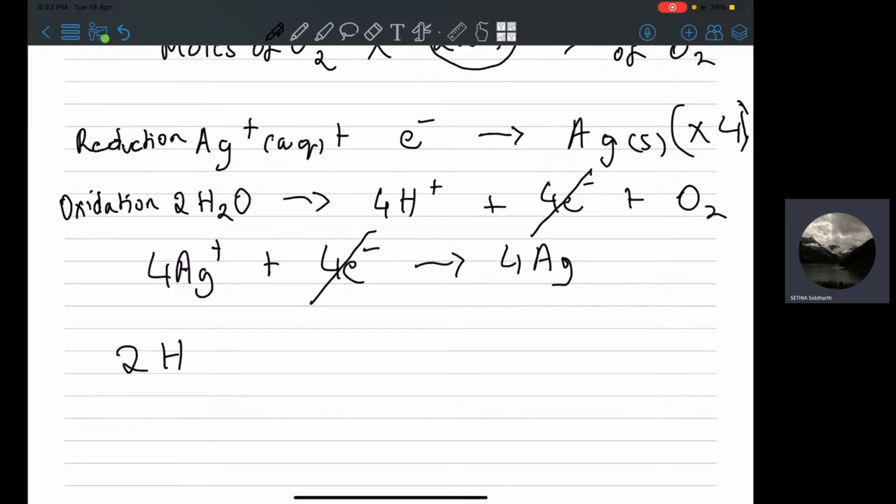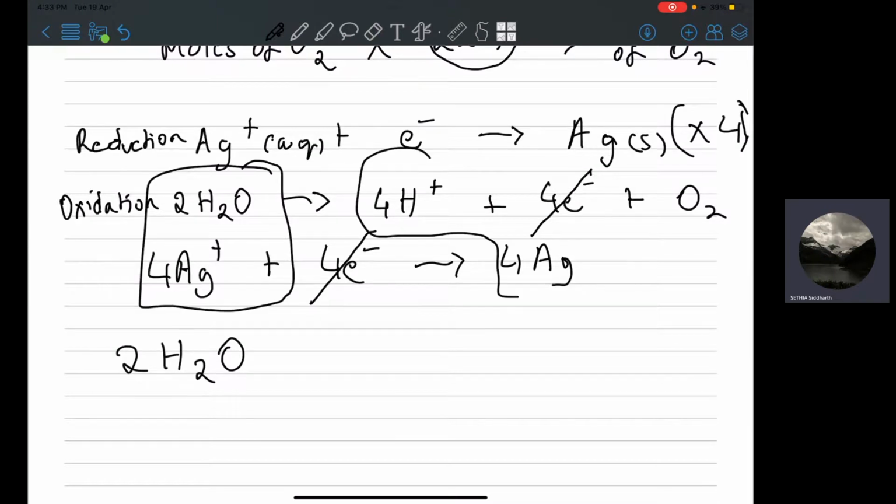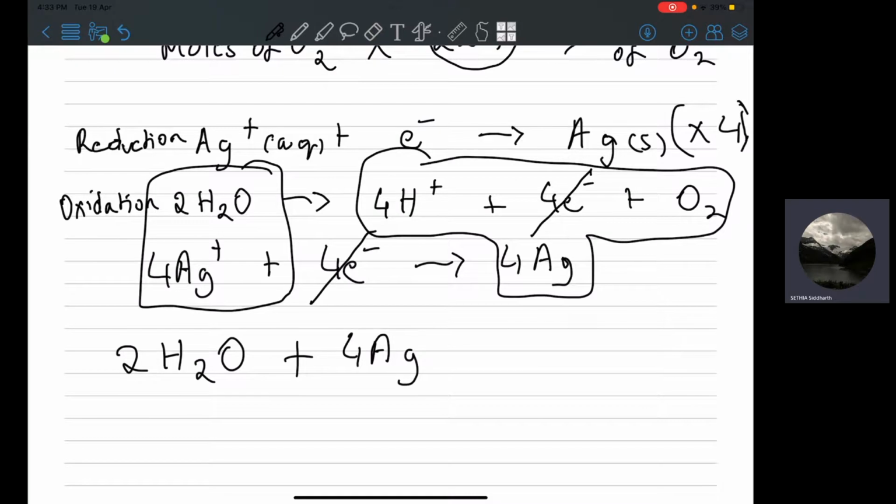To make the big equation, you combine everything on the left-hand side and everything on the right-hand side. You combine the reactants from both the reduction and oxidation half equations, and the products from both half equations. So we get 2H2O plus 4Ag+ gives us 4H+ plus O2 plus 4Ag.